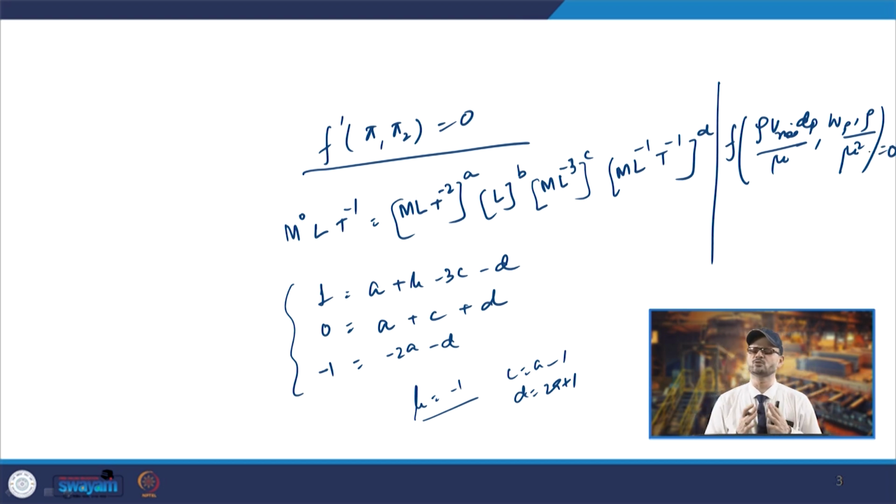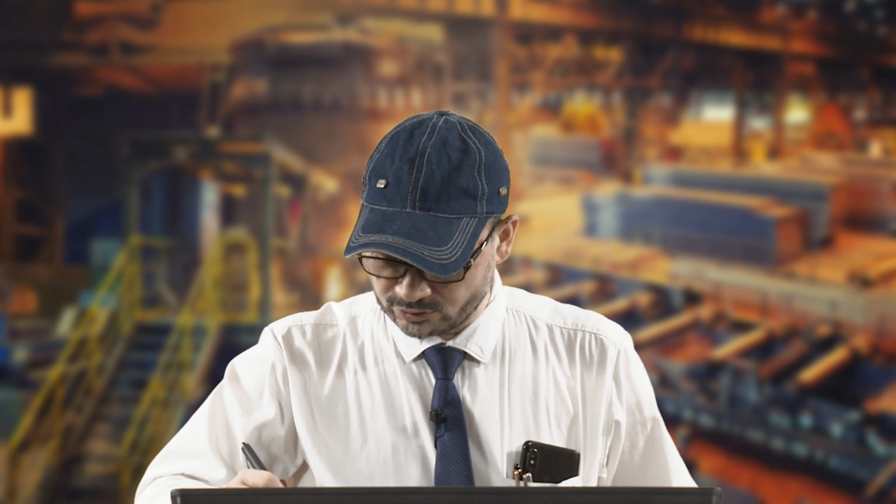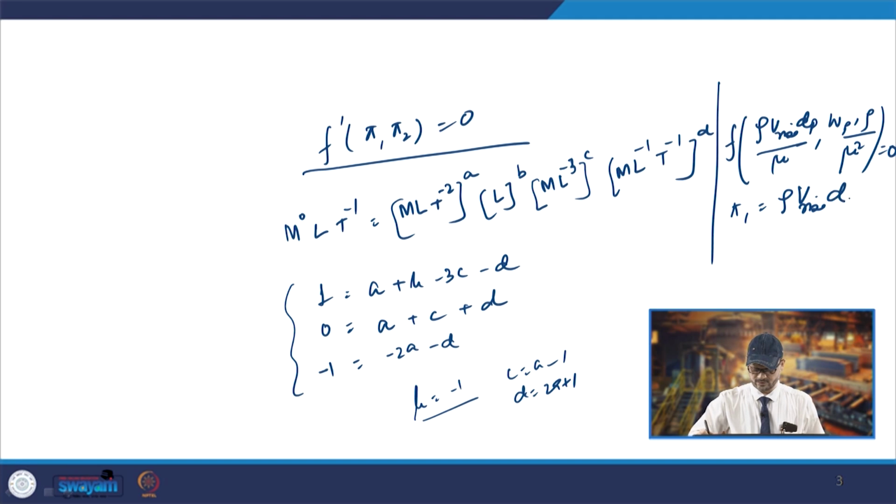So, basically you are in a position to devise 2 non-dimensional numbers when you do the dimensional analysis. The 2 groups which you get are pi 1, rho v d p upon mu, and the other group, pi 2, which is W p into rho divided by mu square.